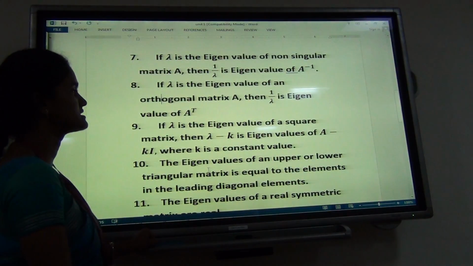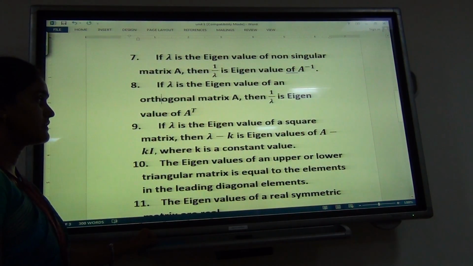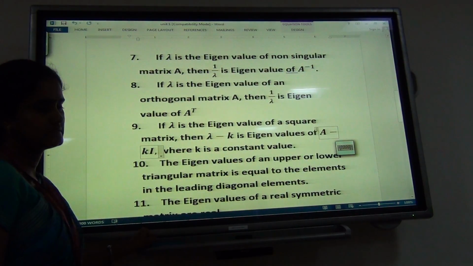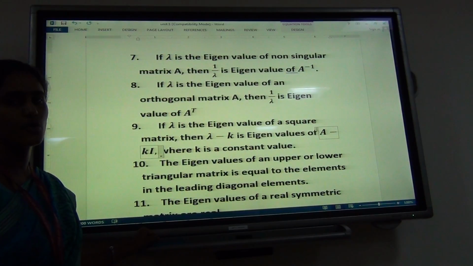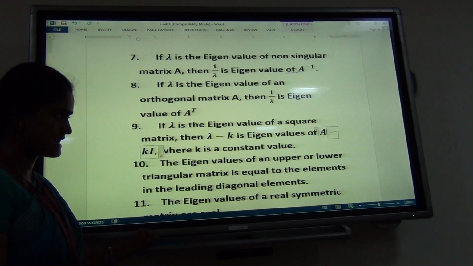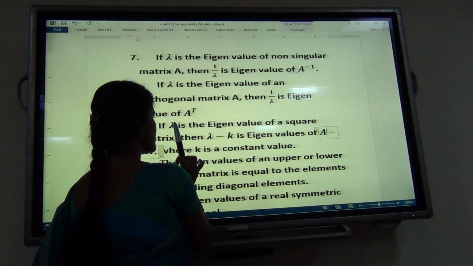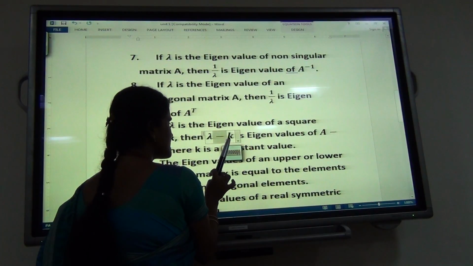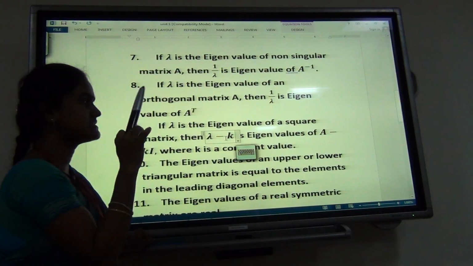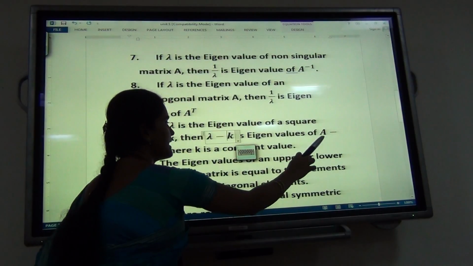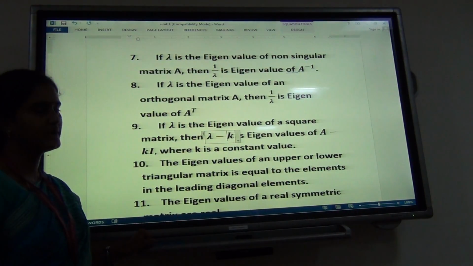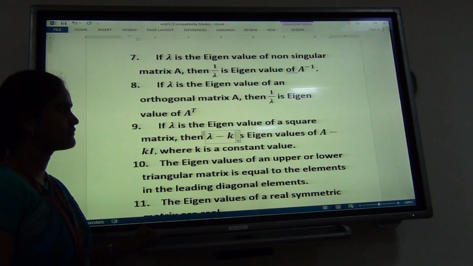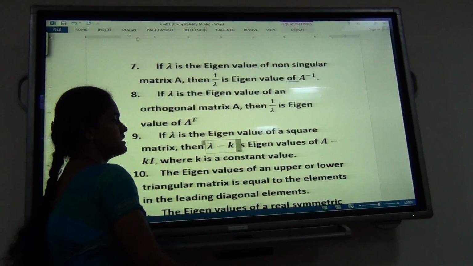And the ninth property: if you have to find the eigenvalue of A minus kI, or A square minus 2I, it is enough to know the eigenvalue lambda and subtract the scalar, lambda minus k. We can get the eigenvalue of A minus kI, where k could be any constant value. Lambda minus k will be the eigenvalue.